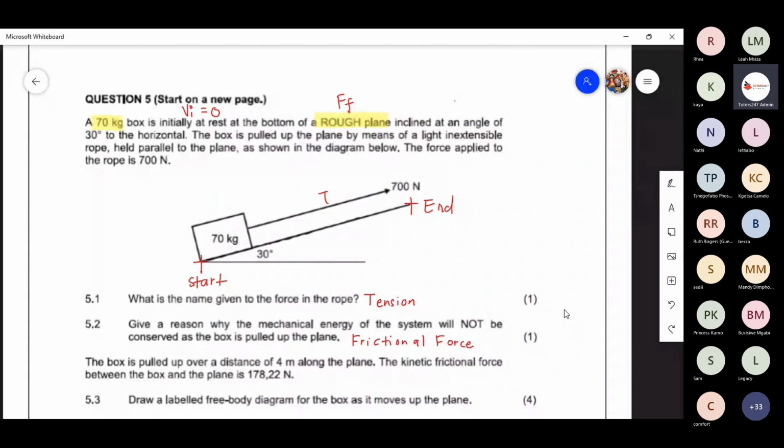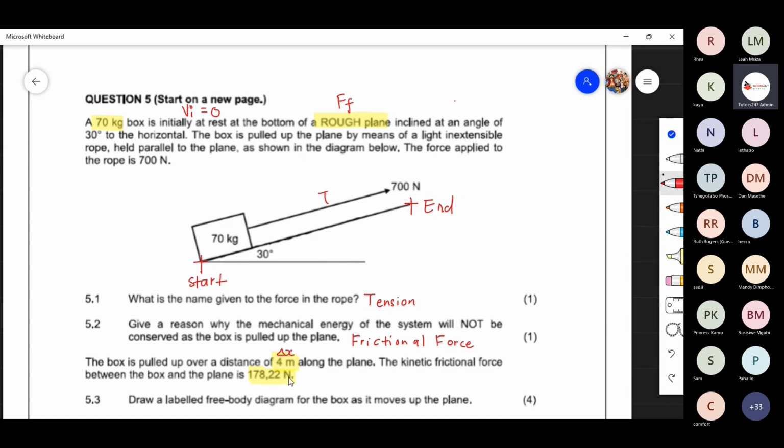So we have the box pulled up over a distance of 4 meters. This is important, the distance. This indicates displacement. So we now know that our displacement is 4 meters. The kinetic frictional force between the box and the plane is 178.22.